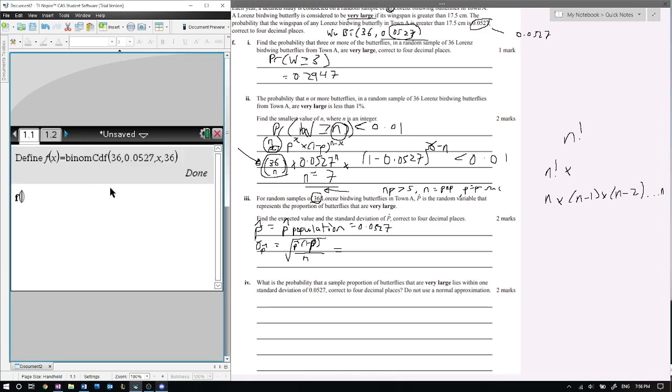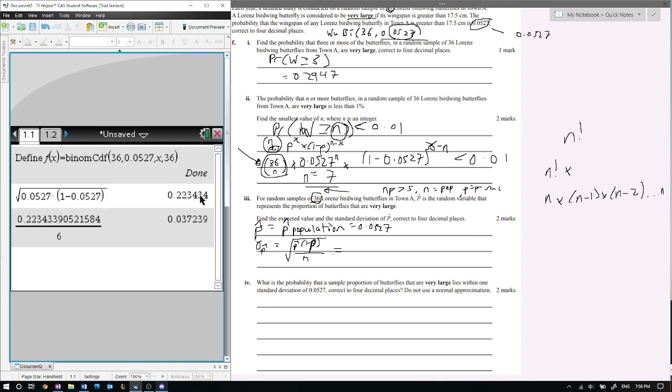And I'll just sub that into my formula, which is the square root of 0.0527 times 1 minus 0.0527, and that over 6.